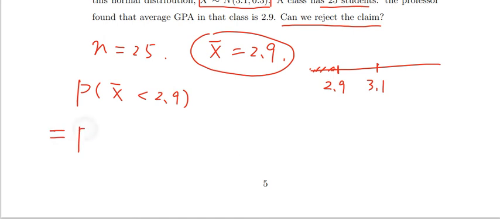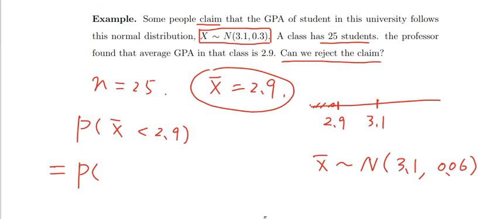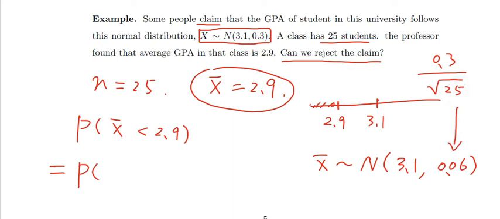By now we know how to do this. In order to find this probability, we need to know the distribution of x bar. We found before that x bar has mean 3.1 and standard deviation sigma over the square root of n, where sigma is 0.3, which gives 0.006.